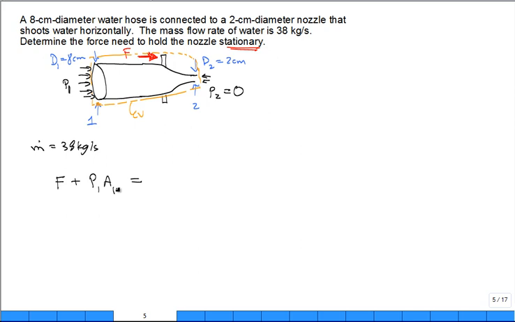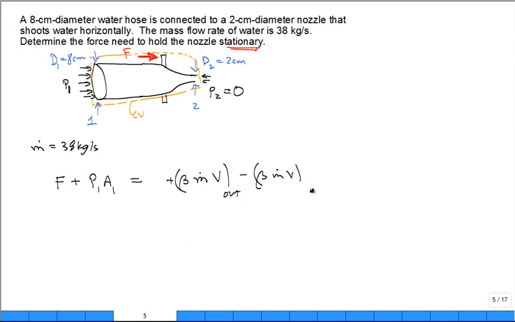Let's continue to write the linear momentum equation. Steady state, so that term is 0. It's no acceleration with time. And we're going to have plus the beta m dot v exiting, that's out, minus beta m dot v in.